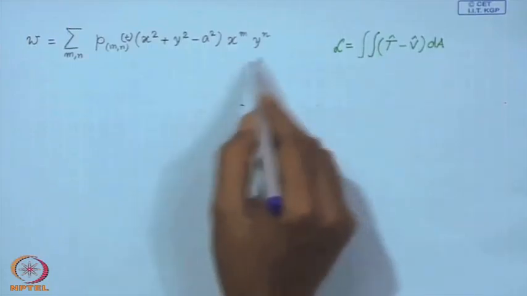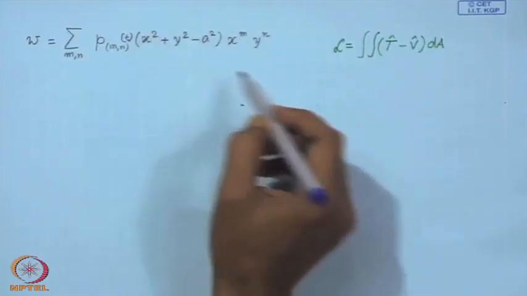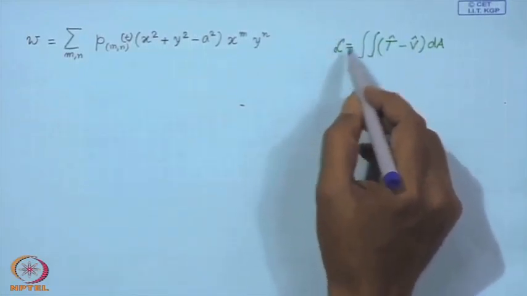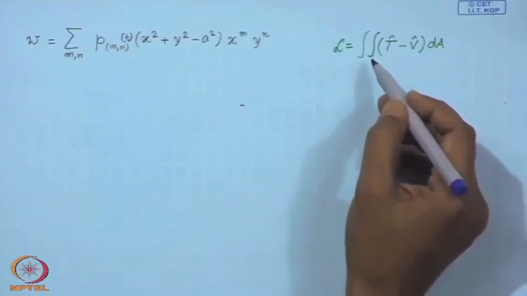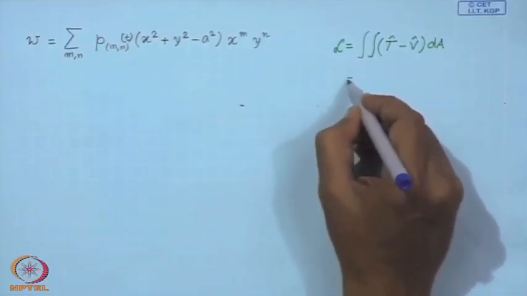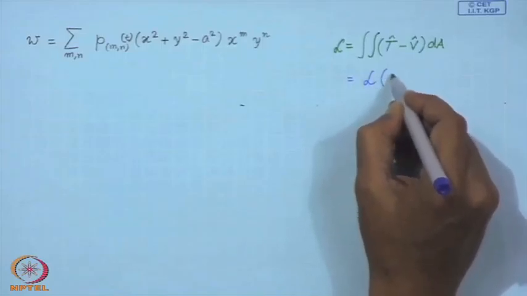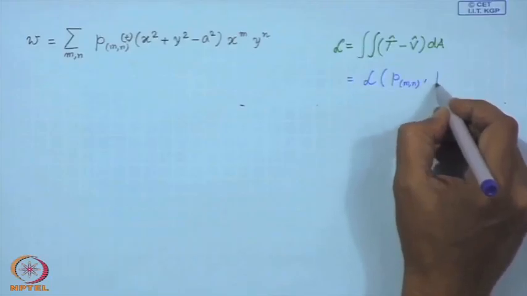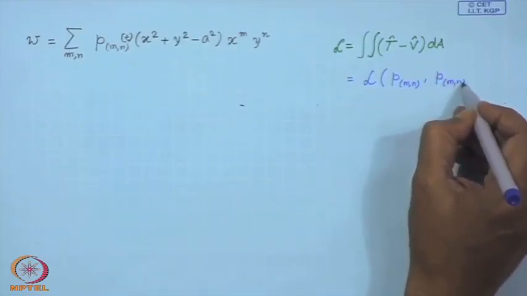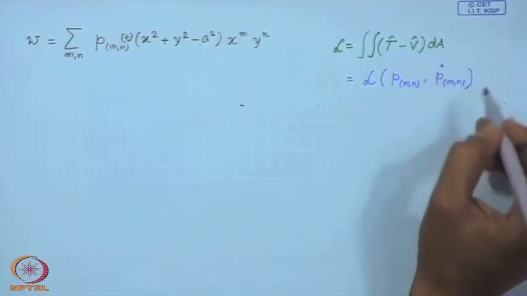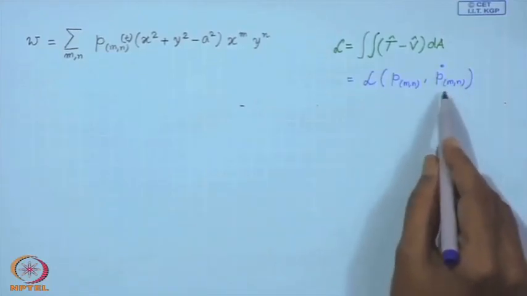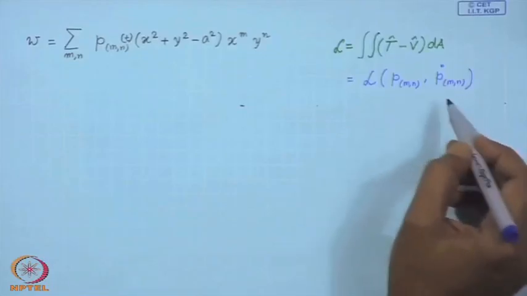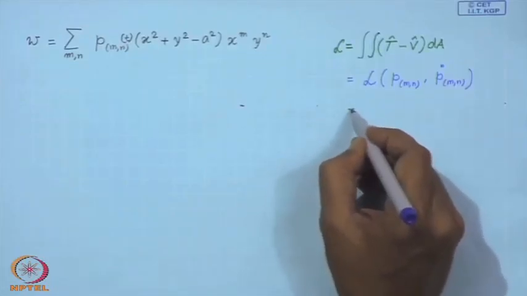Since we know all these functions and these are polynomials, it is very easy to perform this integral. So, we obtain the Lagrangian. This Lagrangian is a function of these coordinates and their derivatives. Once we have that, we have actually discretized the problem.